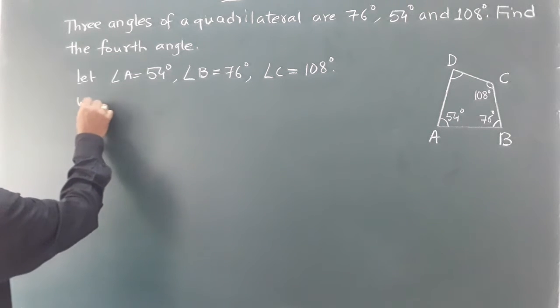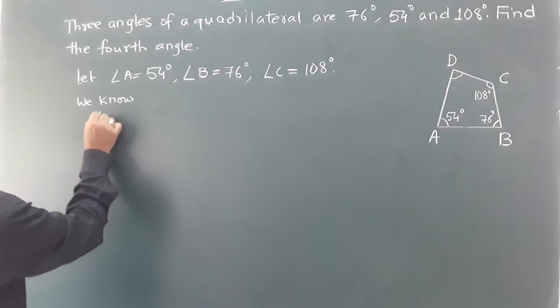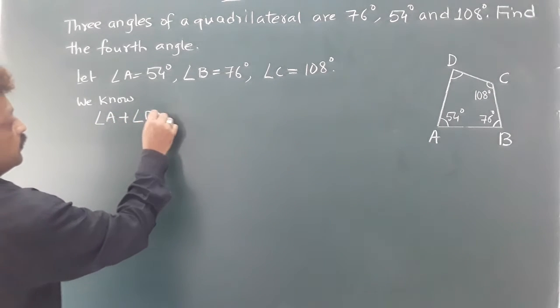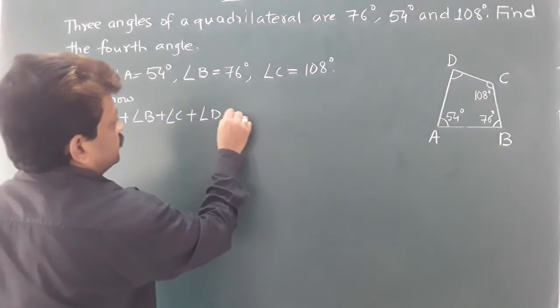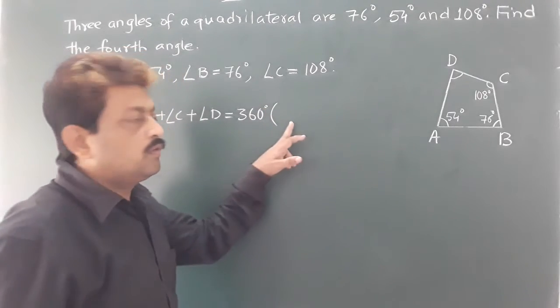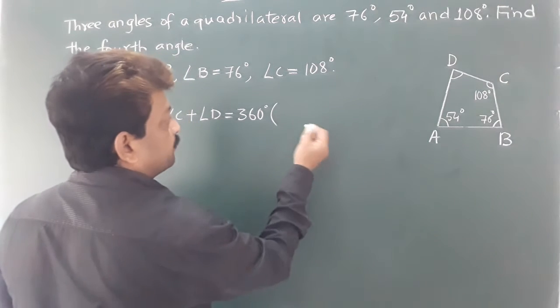So we know angle A plus angle B plus angle C plus angle D is equal to 360 degree. So here we have to write down the property of the quadrilateral, that is angle sum property.